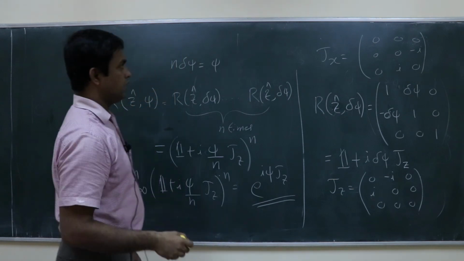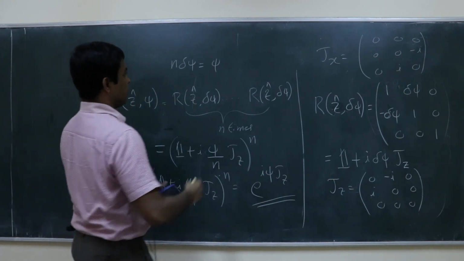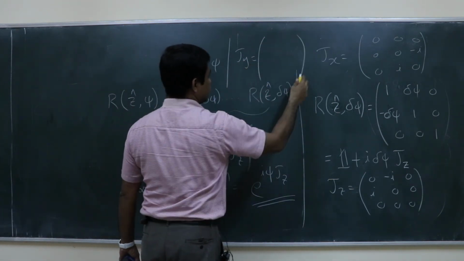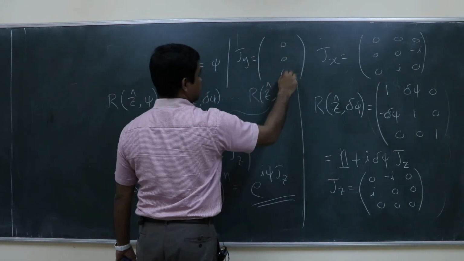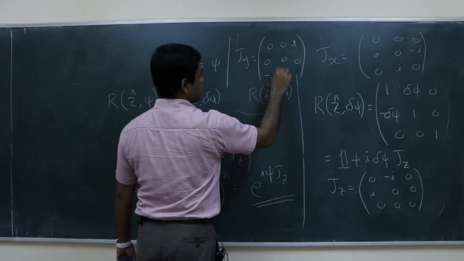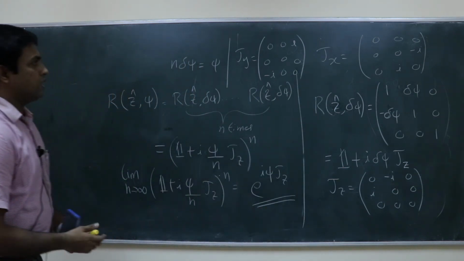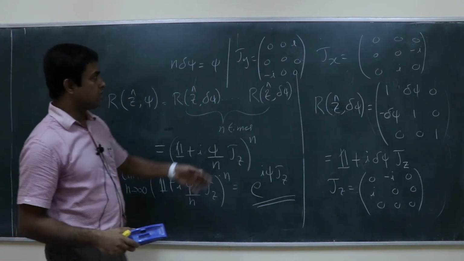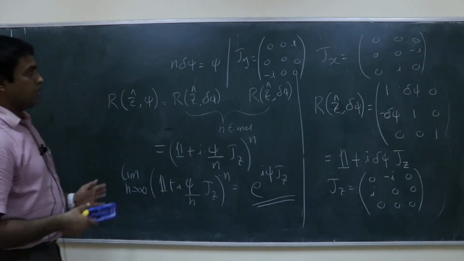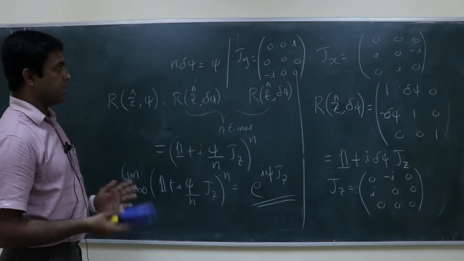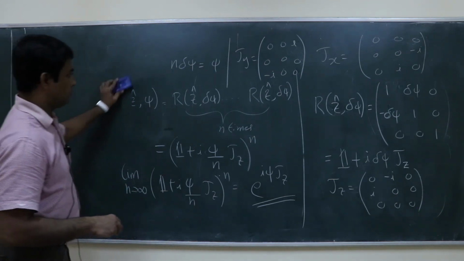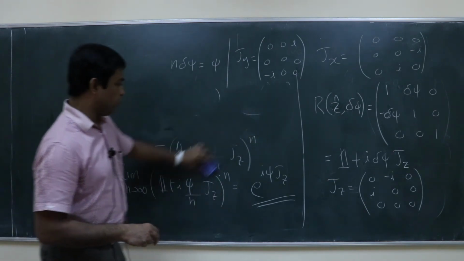And in the case of jy, 0, 0, i, and then minus i. So do they commute with each other? Jx, jy, jz? I mean, whether jx into jy is the same as jy into jx? No, sir. So they do not commute with each other.